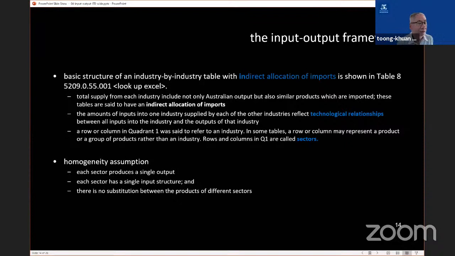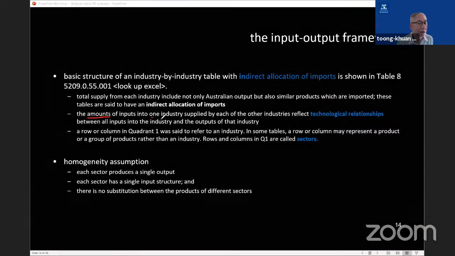The second line basically tells you the amount of inputs into one industry supplied by each of the other industries, reflecting technological relationships.